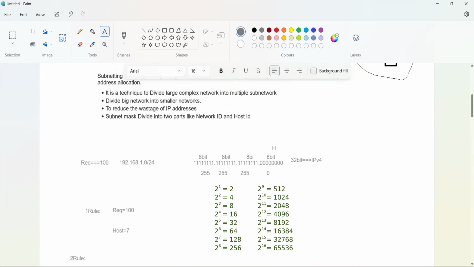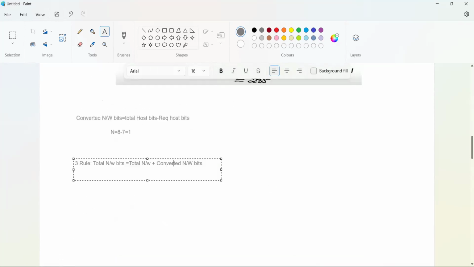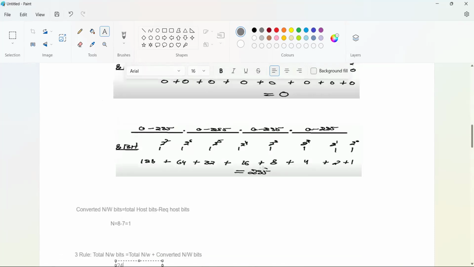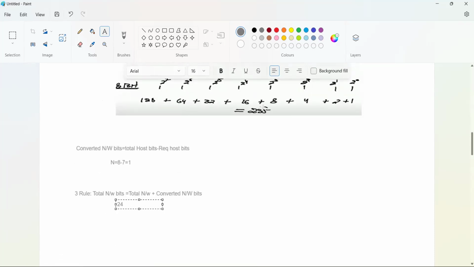That is the reason my total networks are 24, and I have converted, I got the result, converted bits.